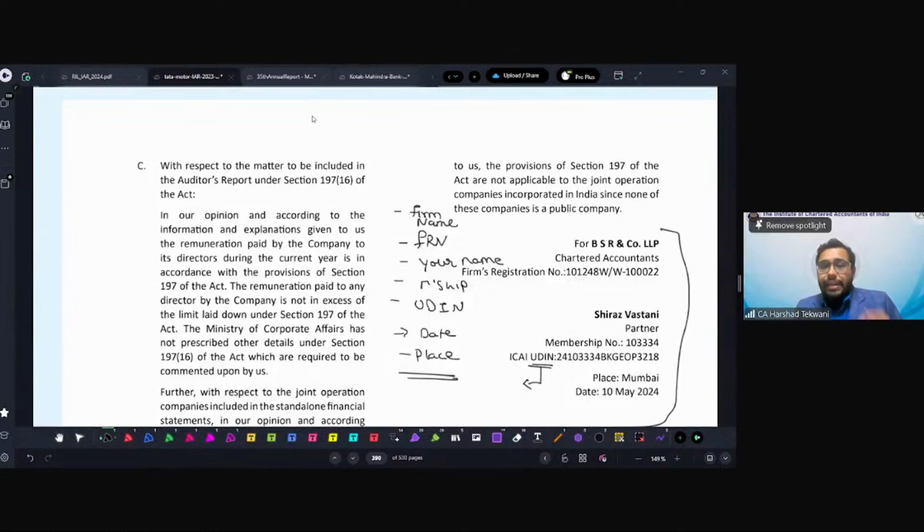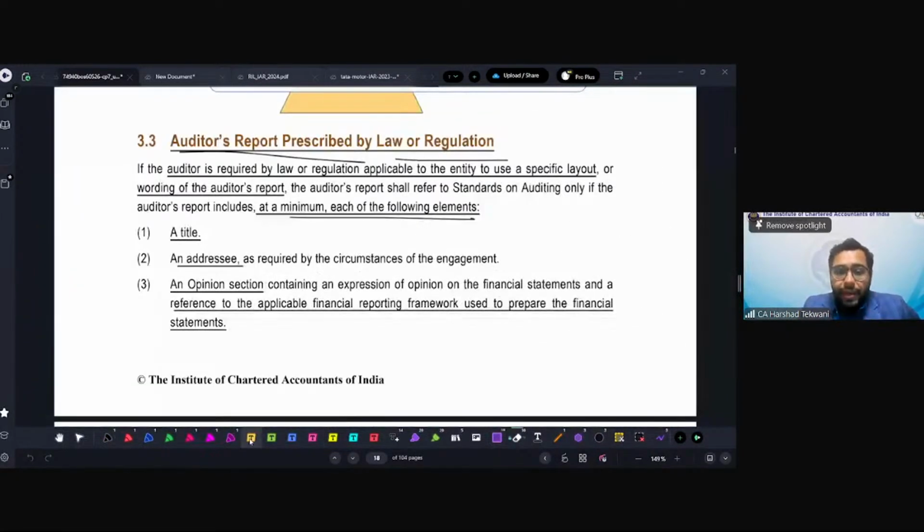So these are the minimum elements that should be there in that wording. Which are those? Number one, it is a title. Again, this is at minimum when the law or regulation of the applicable entity uses a specific layout or provides a specific wording to the audit report.